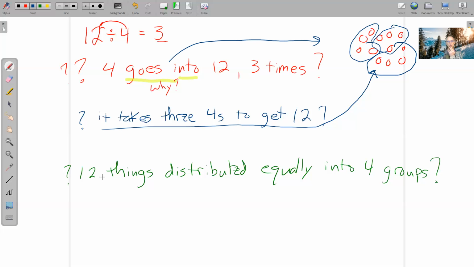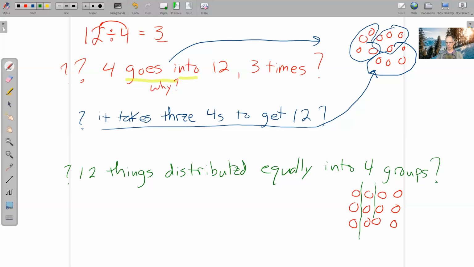All right, and then 12 things distributed equally into 4 groups. Okay, well here I have 3 groups, so that's different, huh? Let me think about this one down here, because that seems different than what's going on above. 1, 2, 3, 4, 5, 6, 7, 8, 9, 10, 11, 12. I'll be a little neater this time. And then I want to distribute the 12 things into 4 groups. Oh, my columns kind of coincidentally made 4 groups, right?